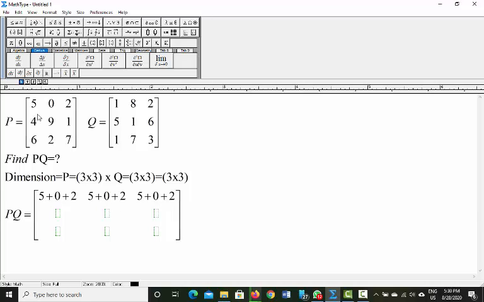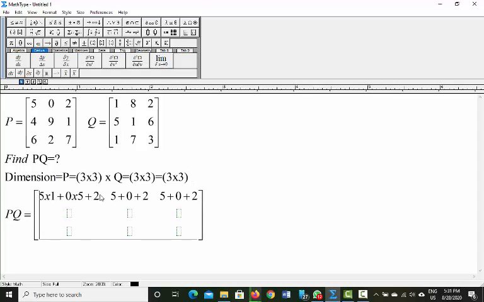Now at first we will multiply the first row of the first matrix with the first column of the second matrix. In the first column we have 1, 5, 1. So we will write it like that: 1 multiplied by 5 multiplied by 1.